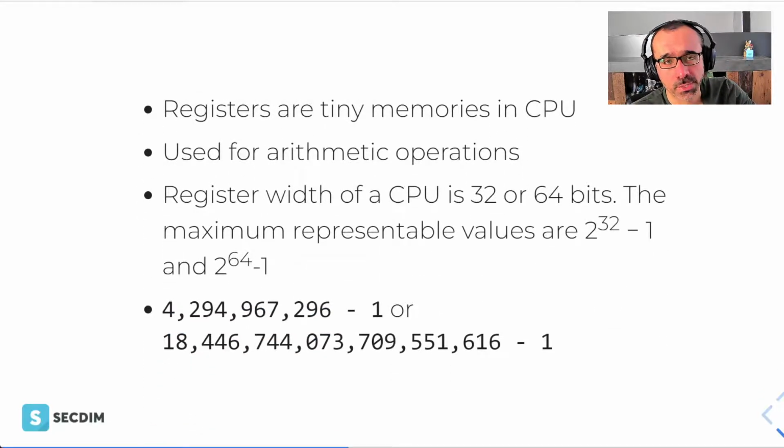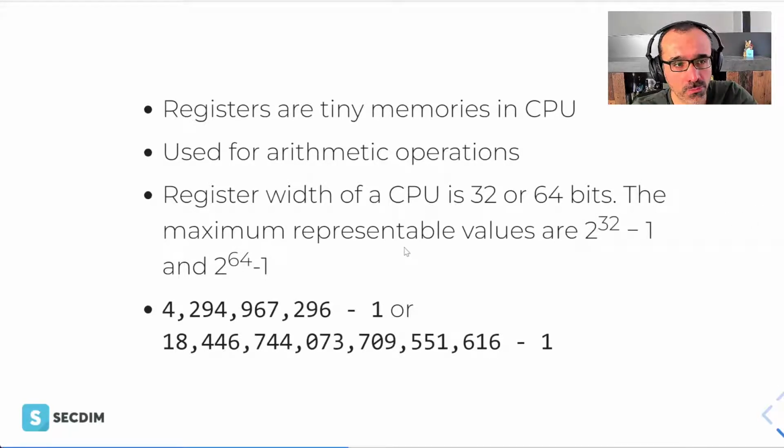I mentioned registers, and registers are effectively used for the majority of the arithmetic operations in the CPU. Think about registers as tiny memories that are close to the CPU core, and the CPU uses them for doing quick arithmetic operations. So rather than making a round trip call to memory to receive the first value, and then another round trip call to get the second value, and later add them together, it is a lot more performant to do it in the registers.